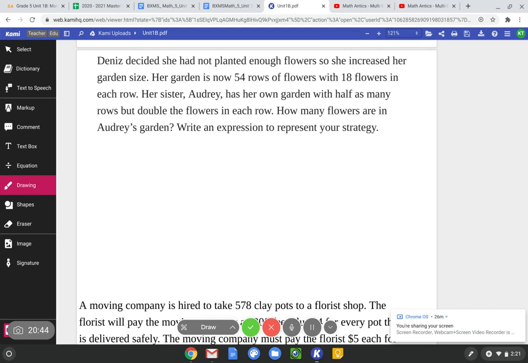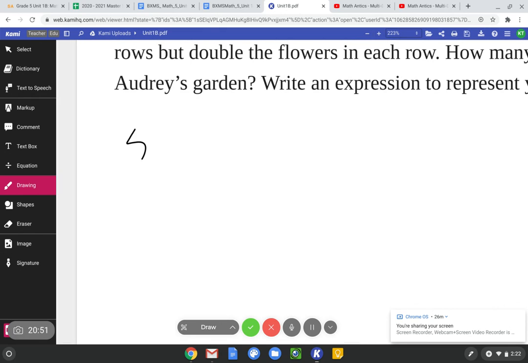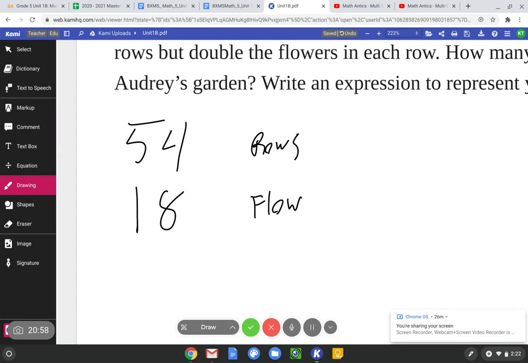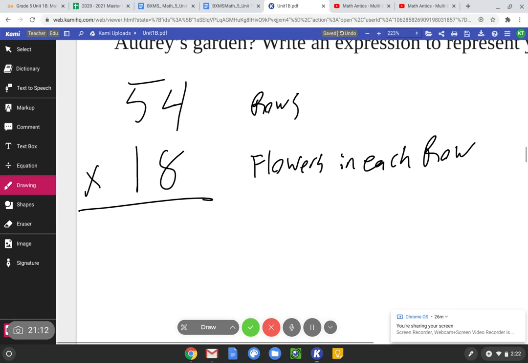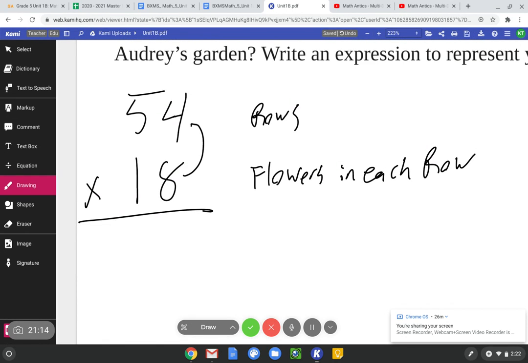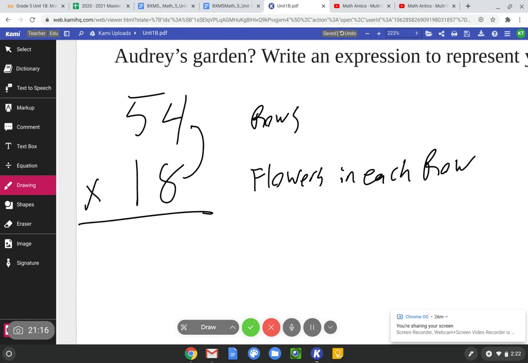Let's begin by figuring out how many flowers Denise has in her garden. So she has 54 rows with 18 flowers in each row. So let's multiply that. These are our two factors, and the product is going to be the total amount of flowers. So we start in the ones place. 8 times 4, that's 32.